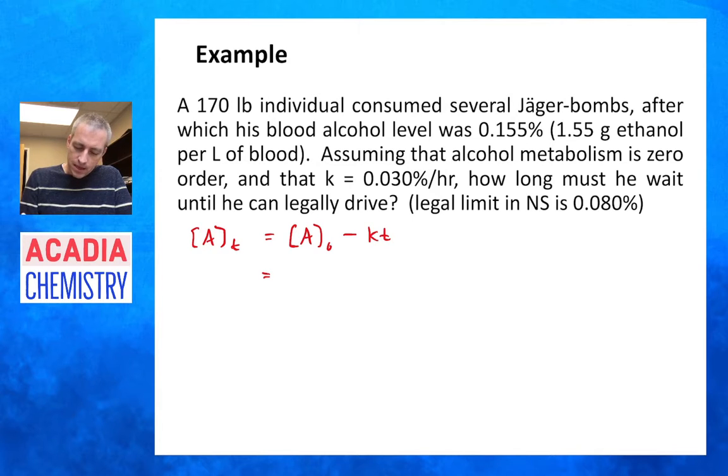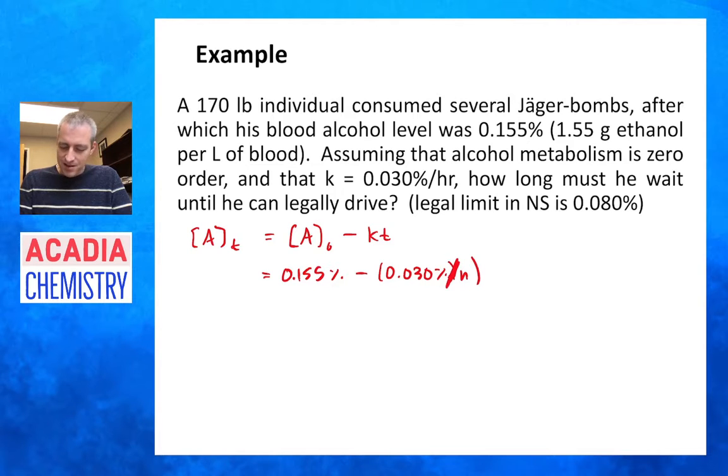And so that means in this example, our initial concentration, which we're going to express in percentage, no reason we can't do that, multiplied by k, 0.030% per hour, multiplied by the number of hours, and the legal limit that we're trying to get to is 0.080%. So this is in t right over here.